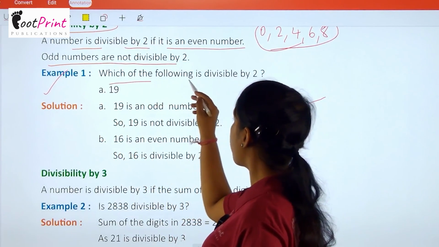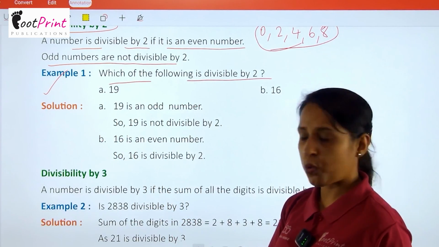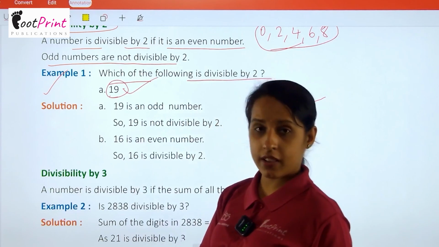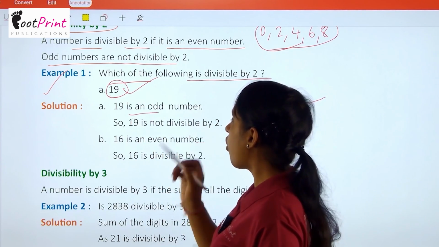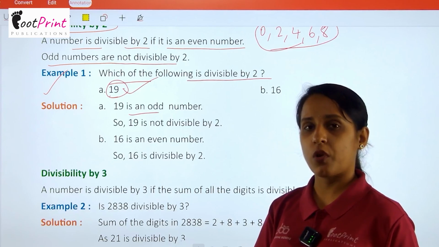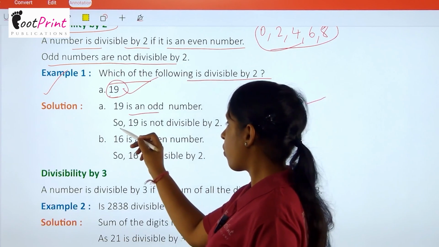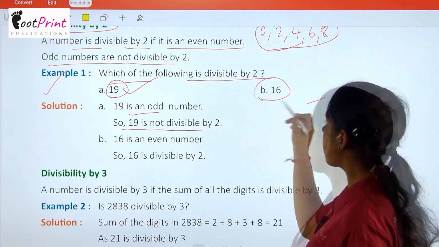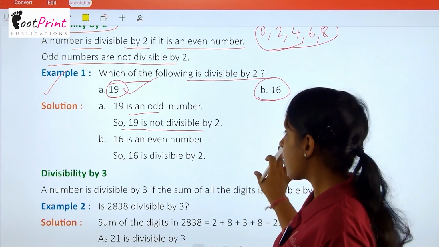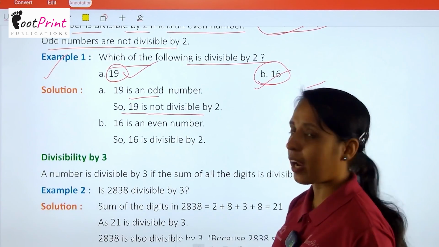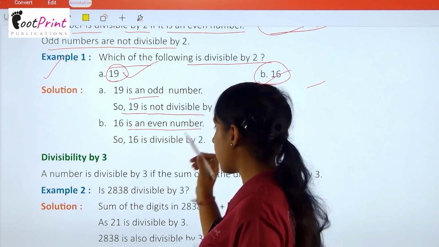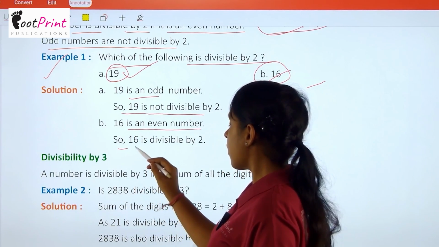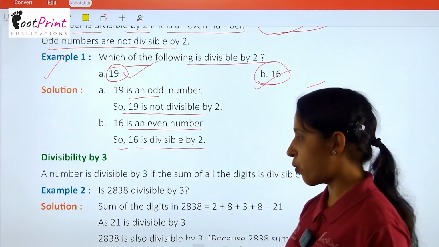Example 1. Which of the following is divisible by 2? Here we can see that 19 is an odd number and an odd number is not divisible by 2. So 19 is not divisible by 2. Second is 16. Here we observe that 16 is an even number. It means 16 is divisible by 2.